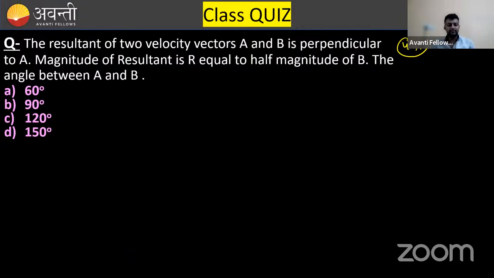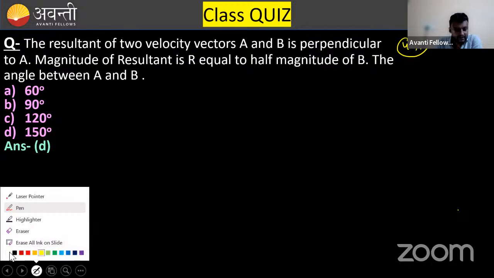Anyone getting answers? Okay, someone has answered option B, that is 90 degrees. Okay, let's check. The correct option is D. Bhavnagar is saying C. I have revealed the correct answer, which is option number D. So let's check it.